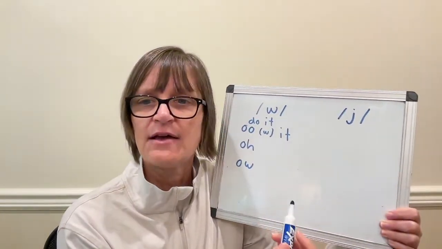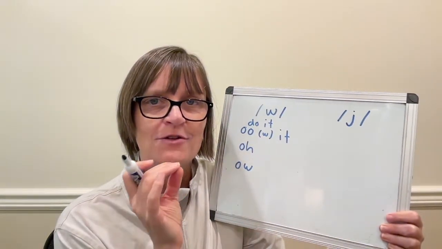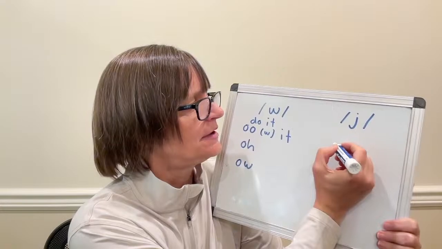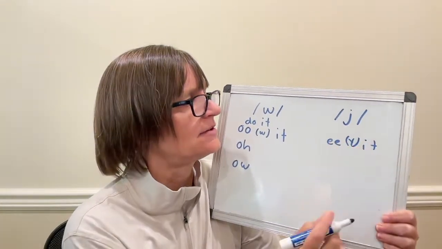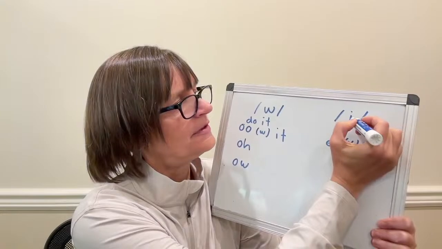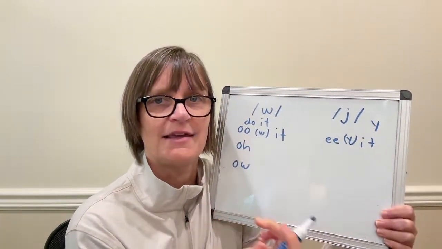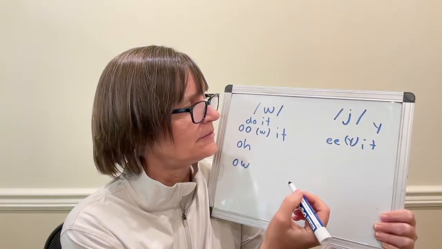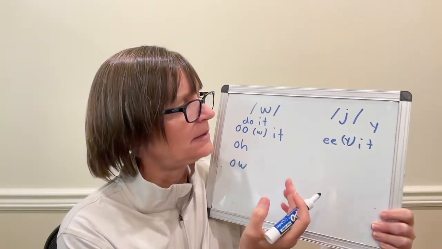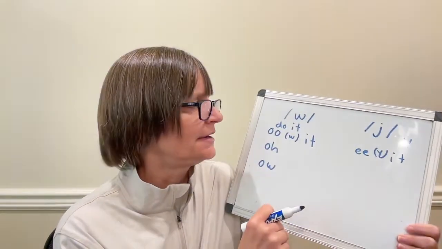The Y sound only happens when we're moving from a high front vowel to another vowel. So for example, for E, like see it, then that's where we have a Y sound, see it. The symbol is the letter J, but the sound is the Y, like yes or yellow. So it, feel, eel, the Y connection happens for the high front vowels.